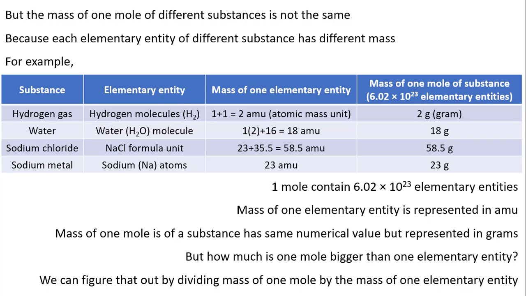Now let's move to the other example, and we will take the mass of 1 mole of water in the numerator, and then we will divide it by the mass of 1 molecule of water. So what are we doing? We are just dividing the mass of 1 mole of that substance by the mass of an elementary entity.